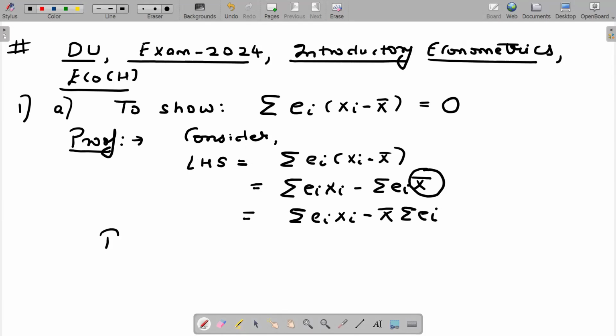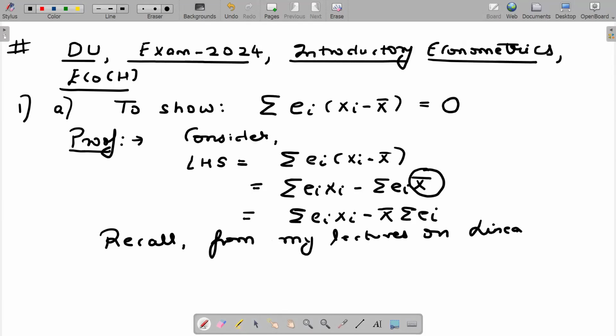And recall from my lectures on linear regression, the linear regression module. The access for this will be given to all those students who have subscribed to my complete course for introductory econometrics. Recall from my lectures on linear regression that summation ei xi is equal to 0.